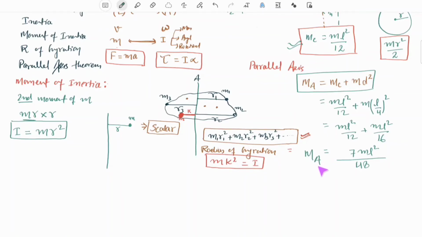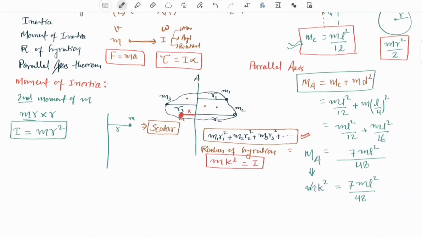Now we have to calculate the radius of gyration. You know moment of inertia is equal to mass times k square, and we have already calculated the moment of inertia. It's the same mass of the body.